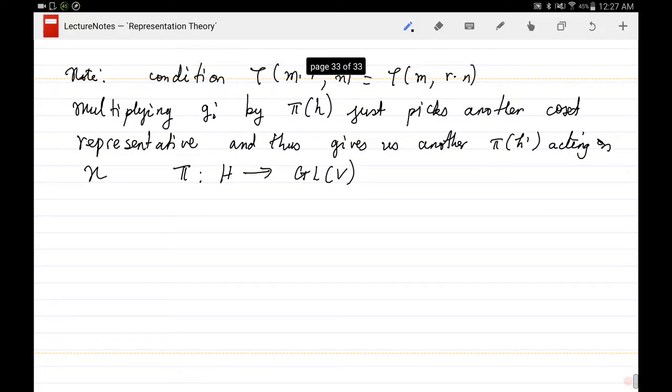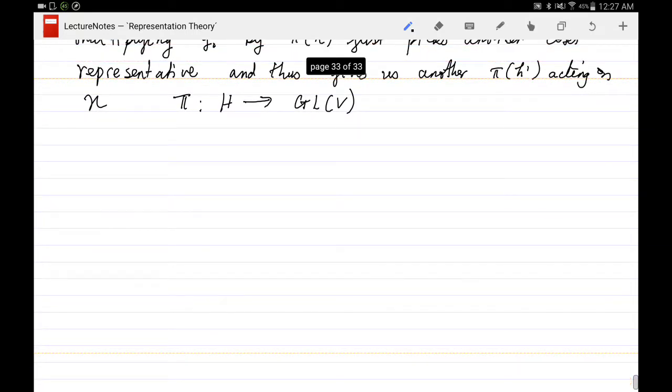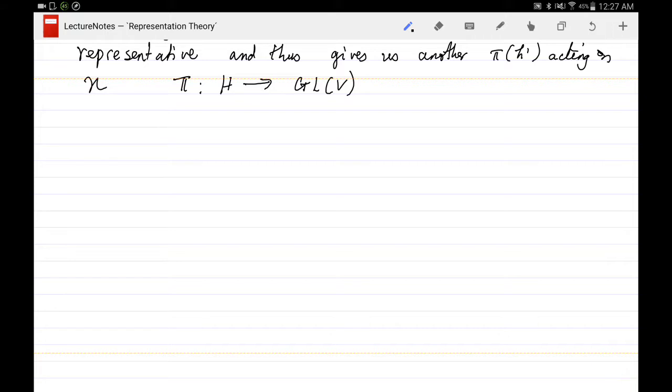So now for an example. This will be very concrete. Example calculation. So let's pick Z4.